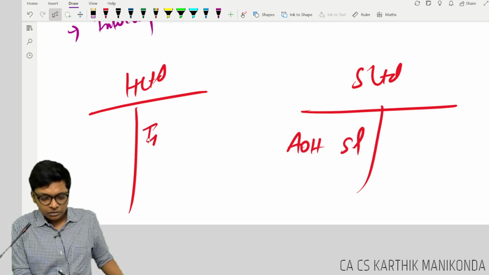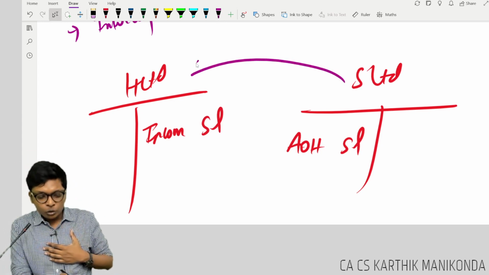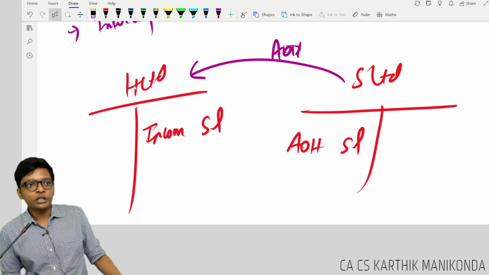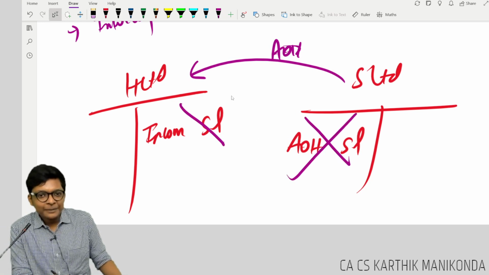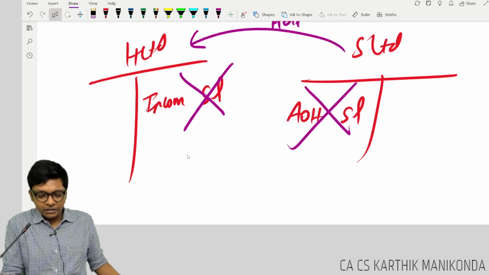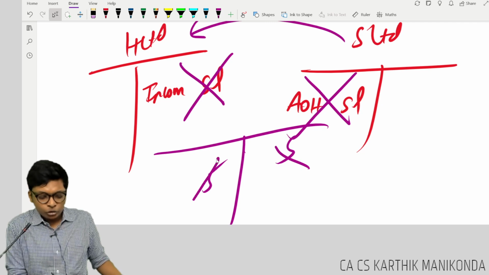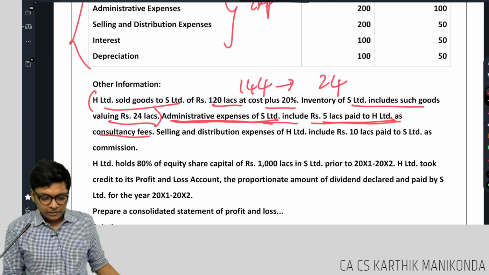For me it is income of 5 lakhs. So S paid to H admin expense, for me it's an income. What should I do in consolidation? Eliminate this as if it's not there. Because when I do consolidation, it will become like this. Admin 5, income 5. So you knock off now. Are you understanding, guys? Next.